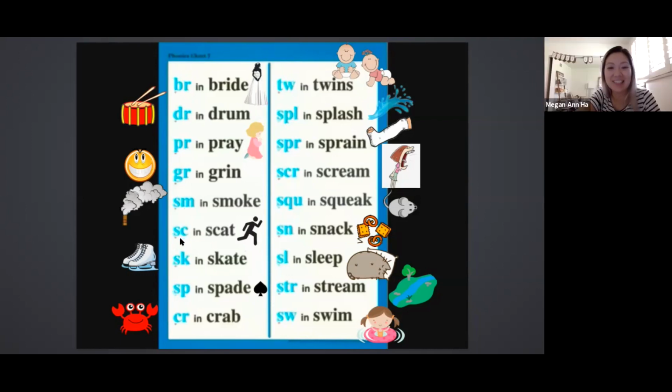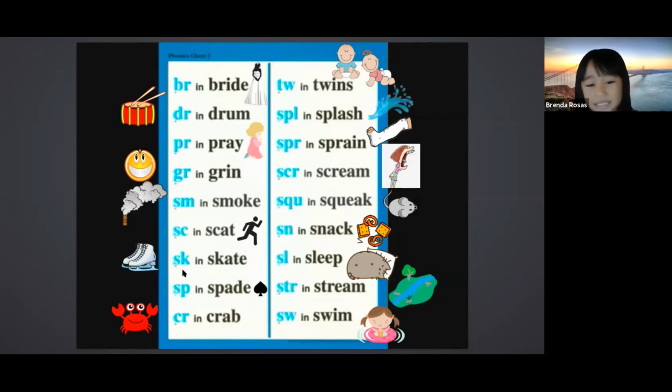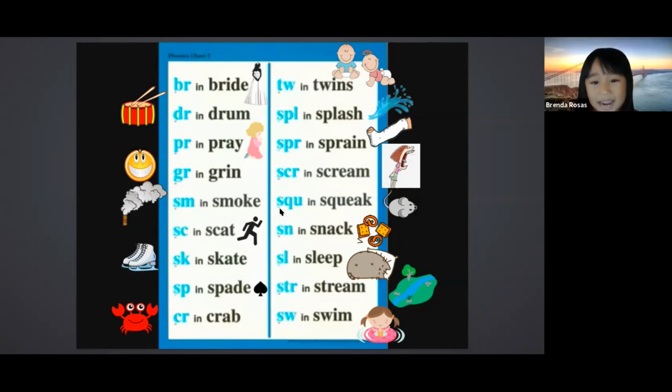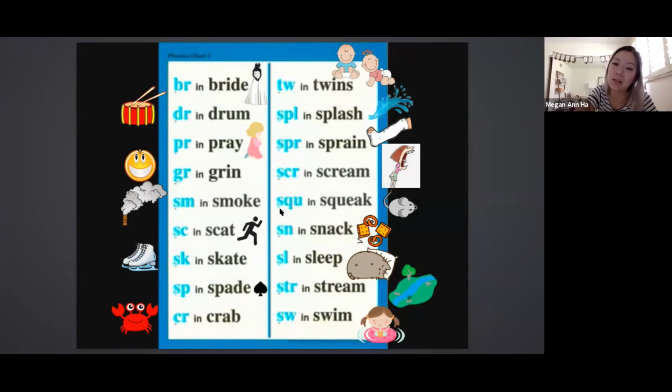Sky in scat, SC. Sky in skate, SK. Spot in spade, SP. Crab in crab, CR. Twin, TW. Splat, SPL. Spring, SPR. Scream, SCR. Squeak, SQU. Oh, can you try the letters again?